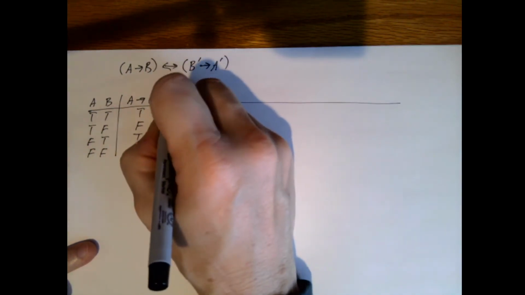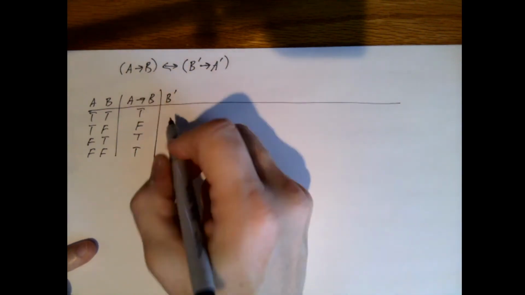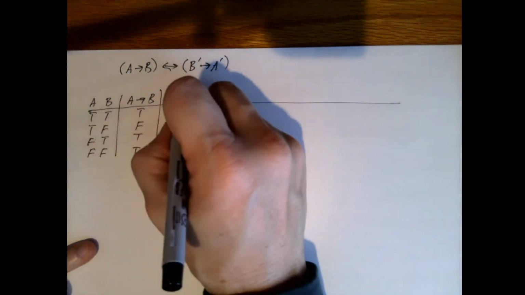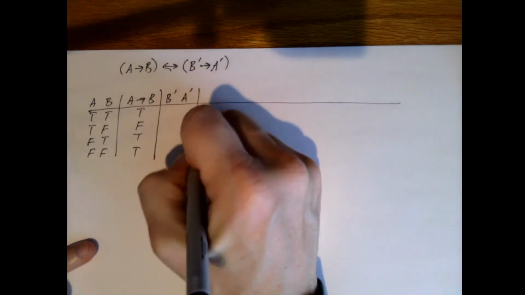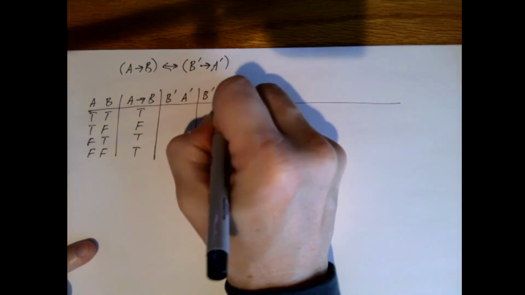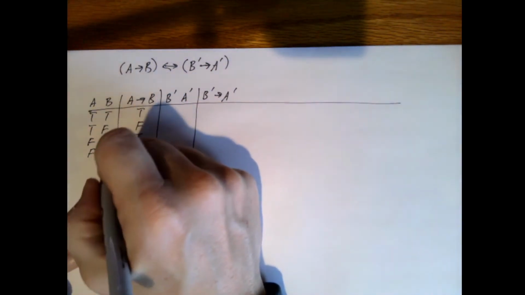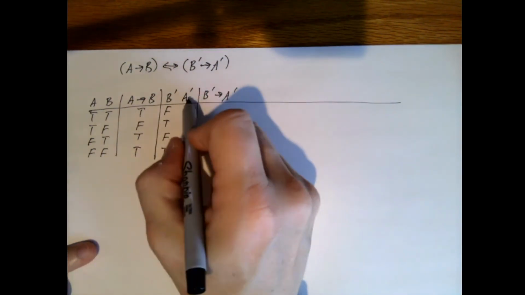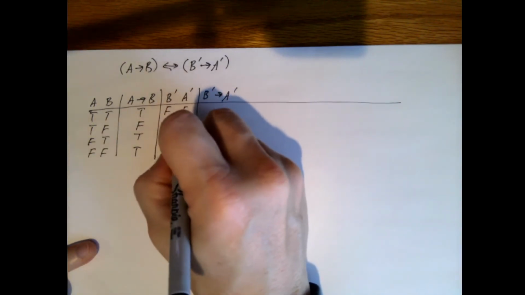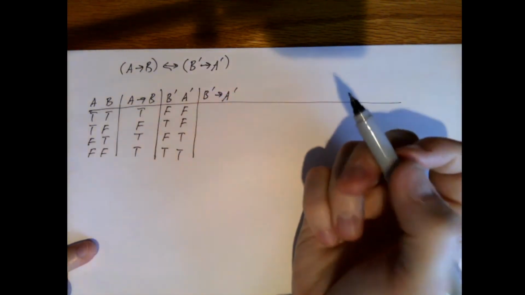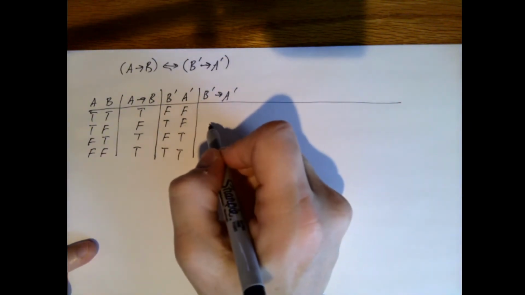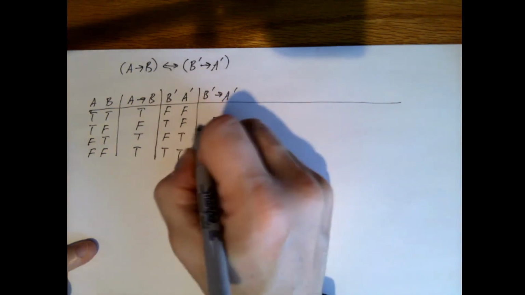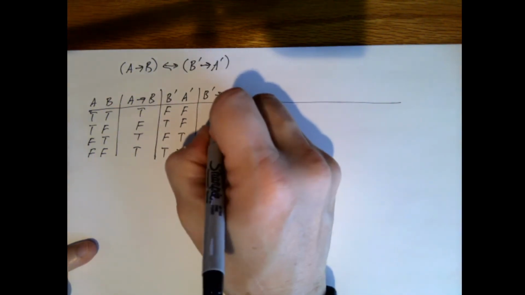Let's produce not B and not A to make it easier to write this. Of course, if you're doing these yourself, you don't necessarily need to rewrite the values, but for me, it reduces my opportunity for mistakes. So not B will be false, true, false, true. Not A will be false, false, true, true. And so now where's the one that would be false? It would be this right here. True and false. So true implies false is a false statement. The rest are trues.